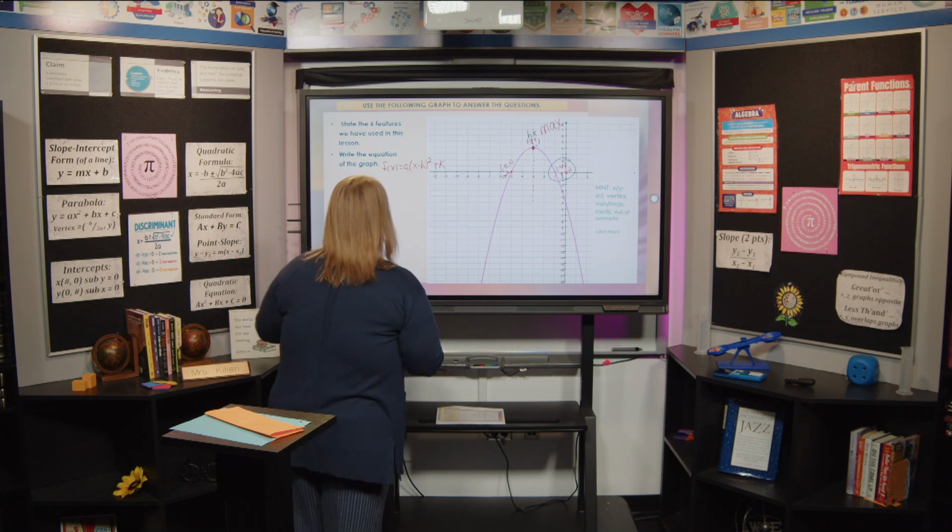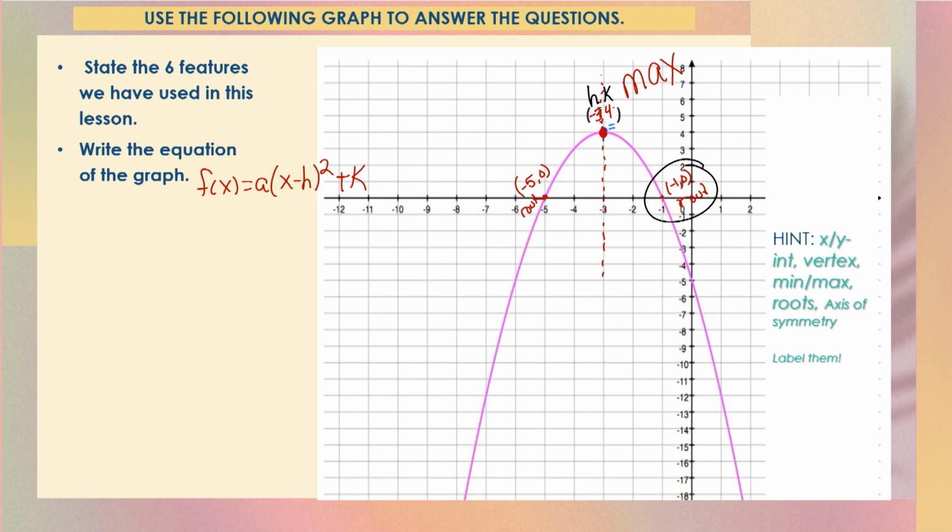So here we go. I'm going to have a times (x - h). So it's going to be (x + 3)^2 + 4. And then let's put my other point in there. I'm going to put that other point with a different color.